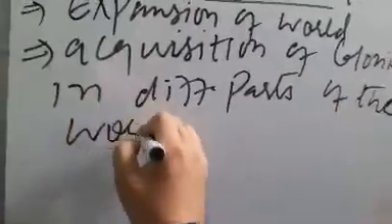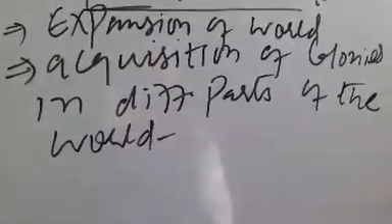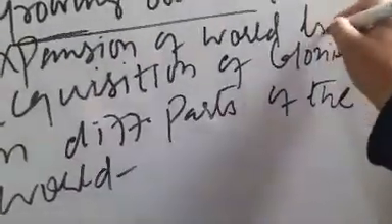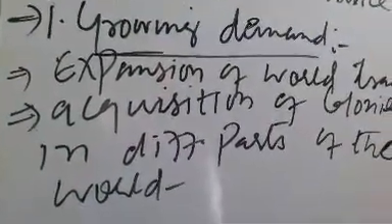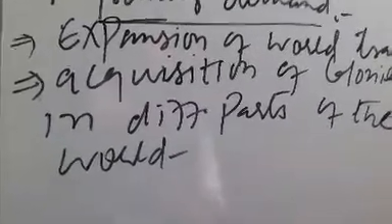Two things were seen. In the 17th and 18th century, two things were seen. The world trade expanded, and also there was acquisition of colonies in different parts of the world. Different powers, different companies, started acquiring more and more territories.